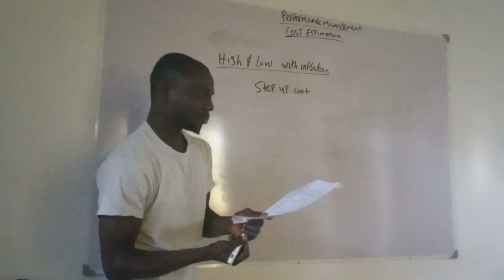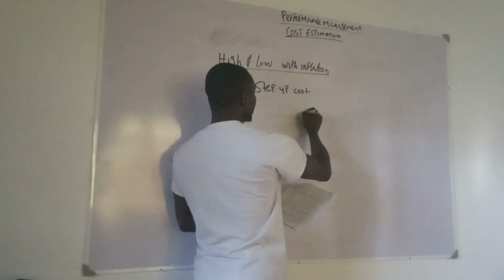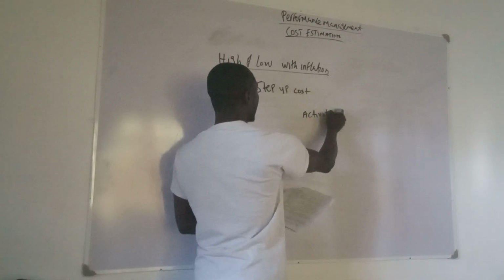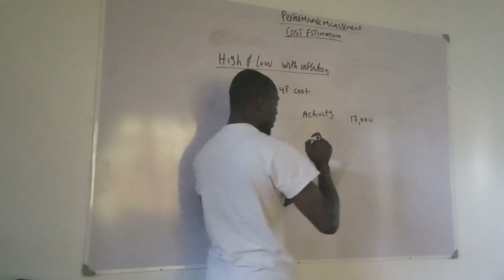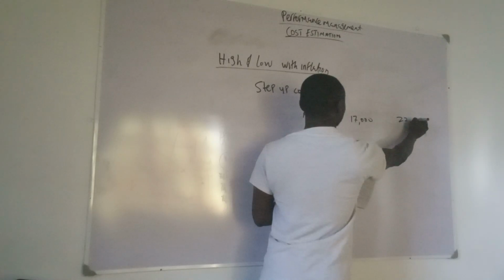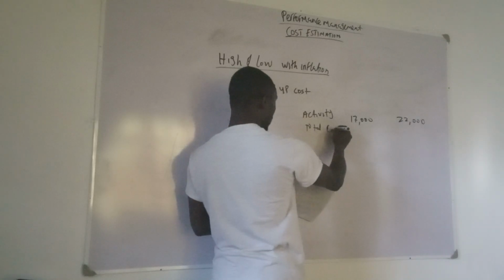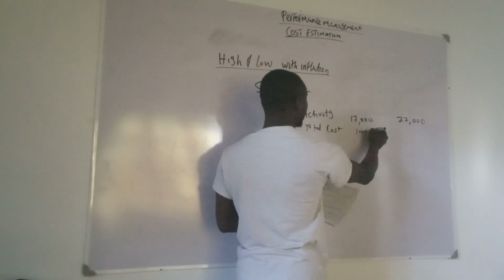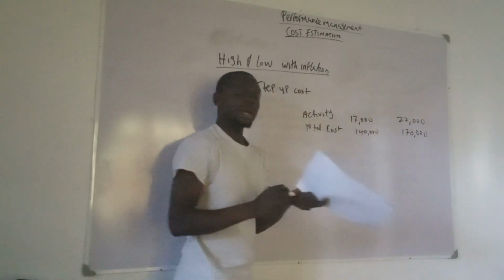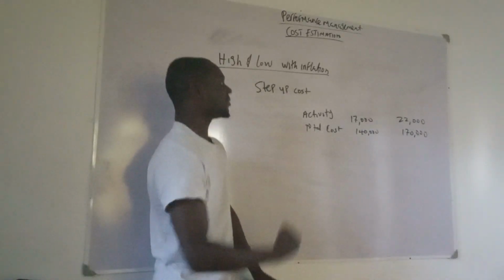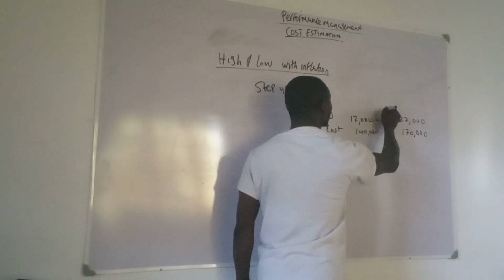So in this question, the levels of activity are 17,000 and 22,000, while the total costs are 140 and 170, and there is a step up cost when the activity level exceeds 18,000 units.